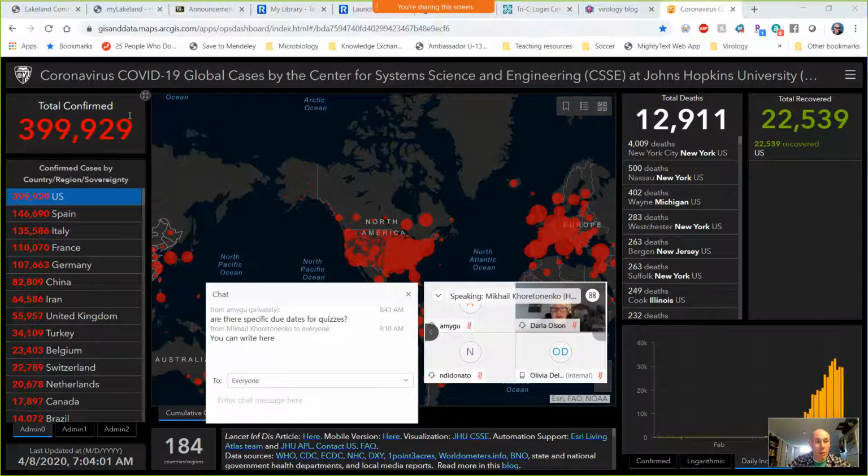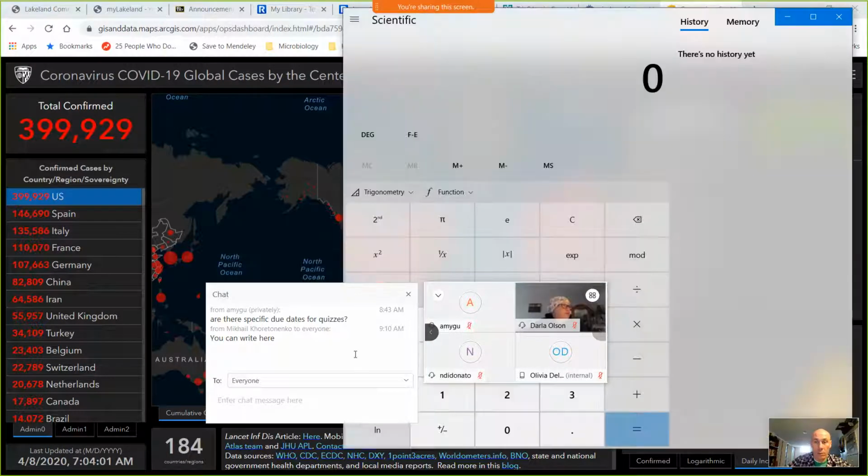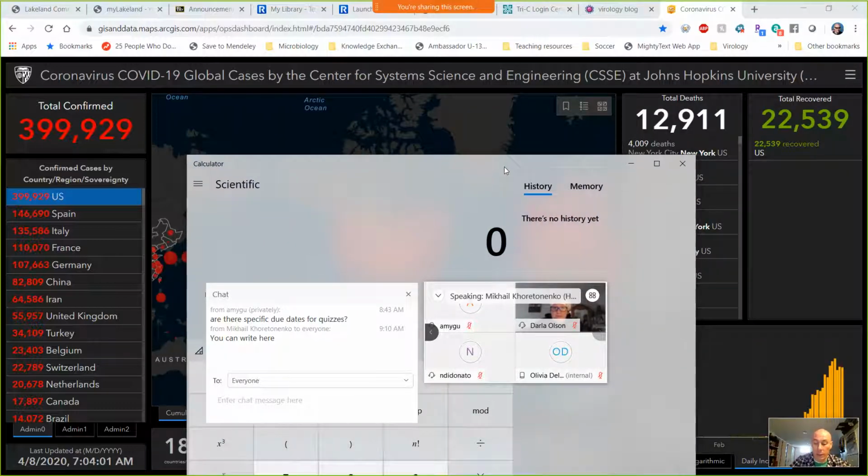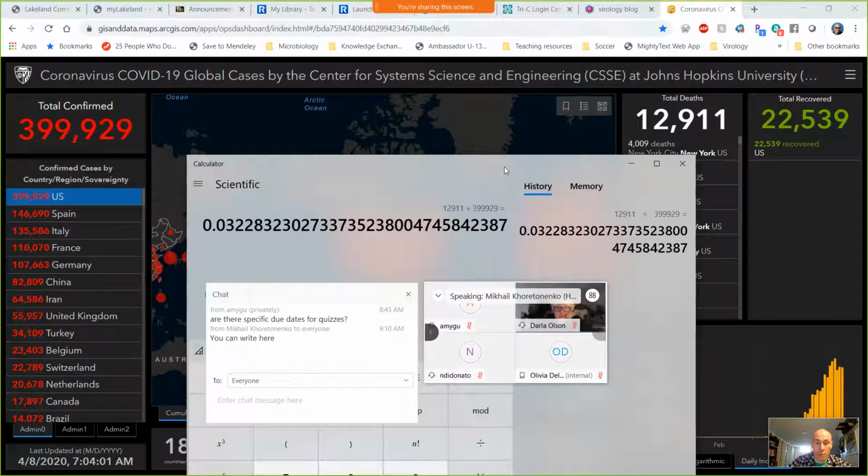And we have 400,000 confirmed cases. So that's my calculator. So the current case fatality ratio is 3.2%. Case fatality is the number of deaths divided by the number of confirmed cases.